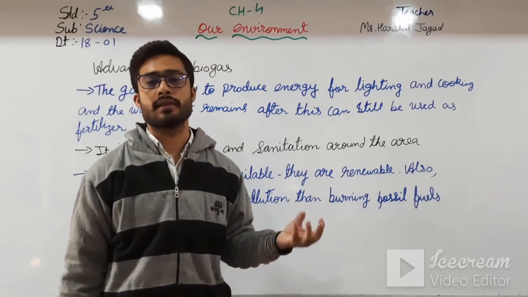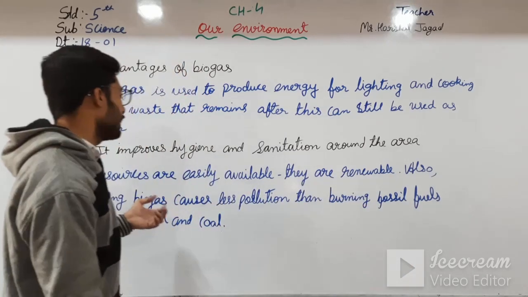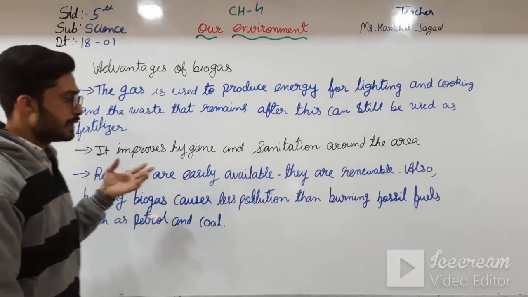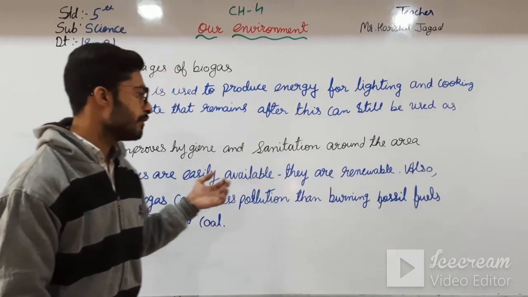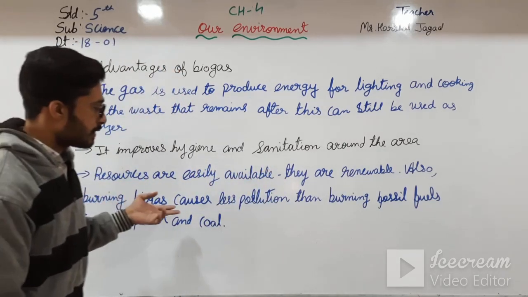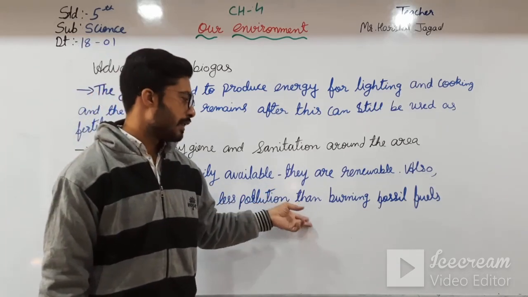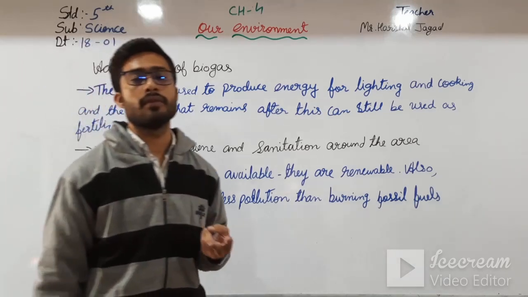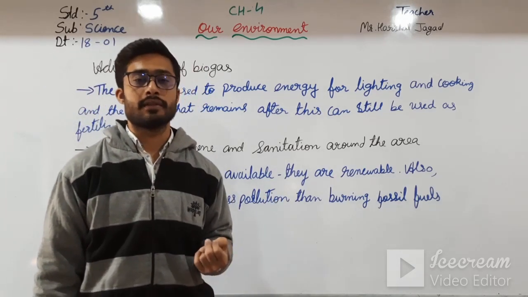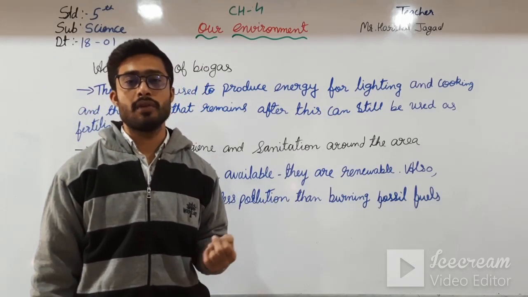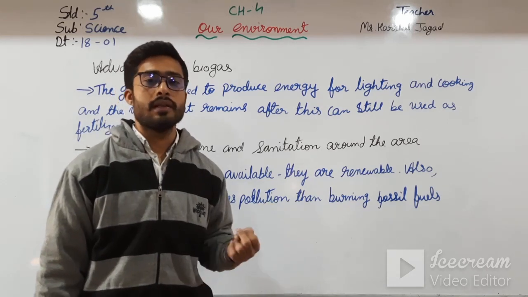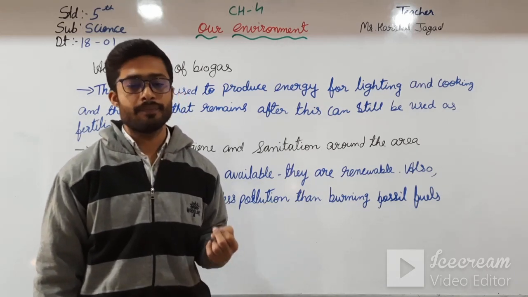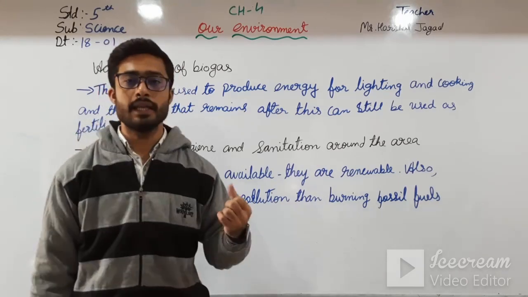And the third one, resources are easily available and renewable. Also, burning biogas causes less pollution than burning fossil fuels such as petrol and coal. So it is eco-friendly also. So biogas should be used.